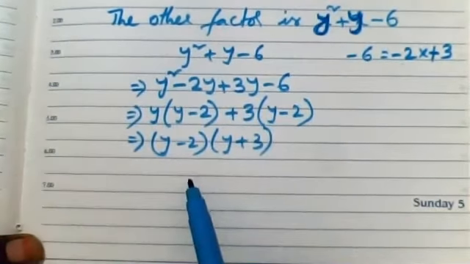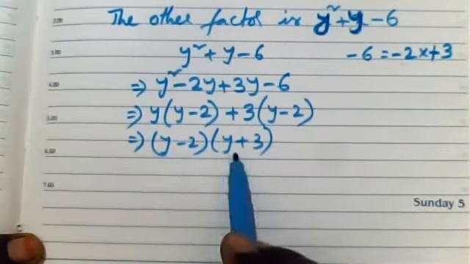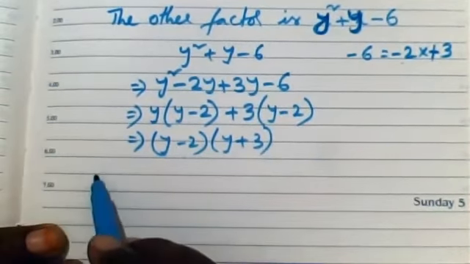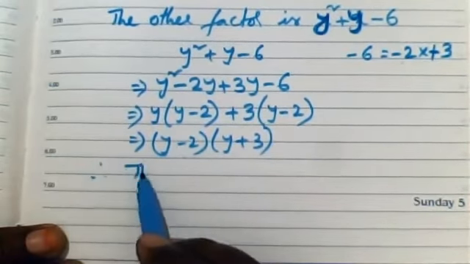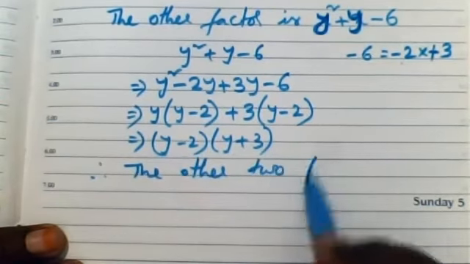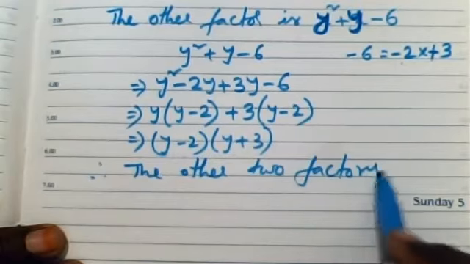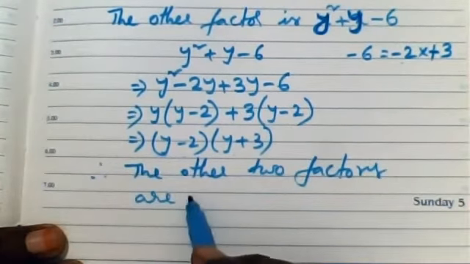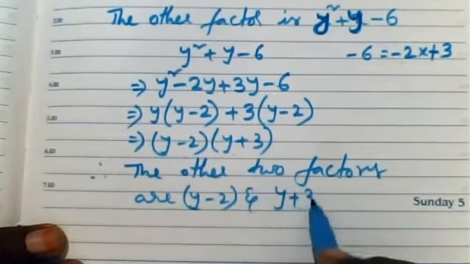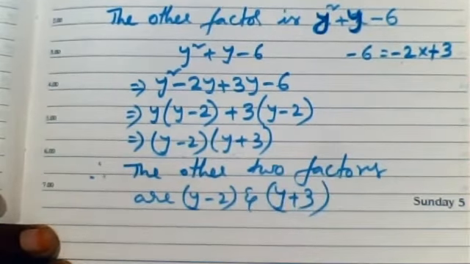So what are the factors now you got? Y minus 2 and y plus 3. Therefore, the other two factors are y minus 2 and y plus 3. Did you understand?